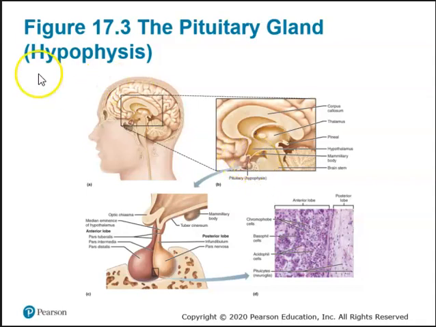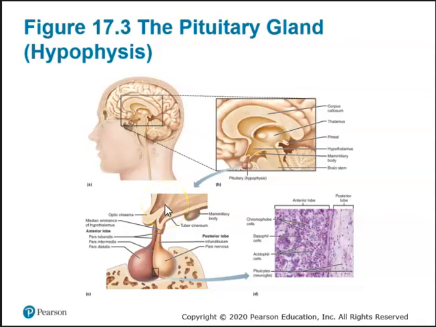This is pituitary, also known as hypophysis. We can see that the hypothalamus connects to the posterior gland here by an infundibulum. So we have an anterior lobe and a posterior lobe. And this is part of the hypothalamus.